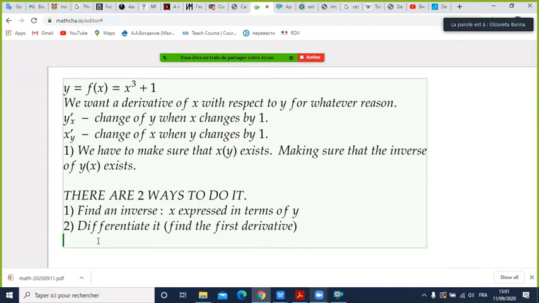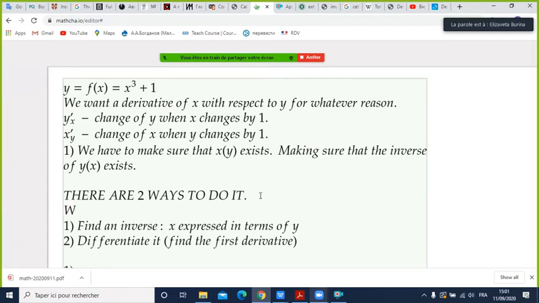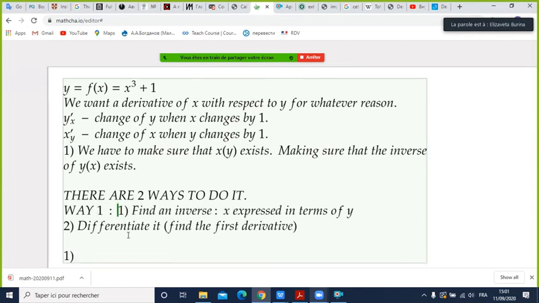Let's just do this, expressing x in terms of y. So our first step. There are two ways to do it. Way one. So that's way one. Find an inverse and differentiate it.